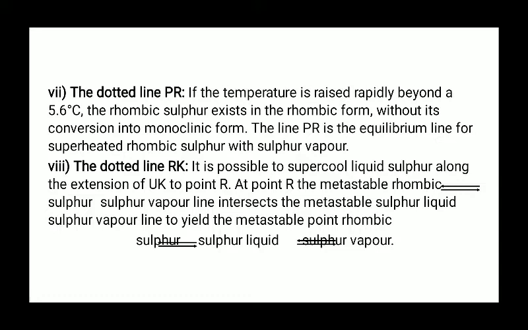The dotted line RK represents supercooled liquid sulfur, along the extension of UK to point R. At point R, the metastable rhombic sulfur is in equilibrium with sulfur vapor. The sulfur vapor line intersects the metastable liquid sulfur vapor line to yield the metastable point: rhombic sulfur is in equilibrium with liquid sulfur, which is in equilibrium with vapor.